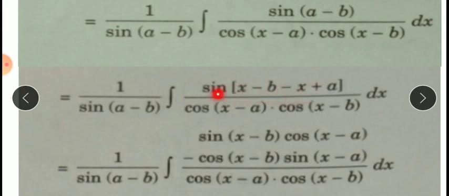That is, this can be written as sin((x minus b) minus (x minus a)). Using formula sin(A minus B), this can be written as sin A cos B minus cos A sin B.